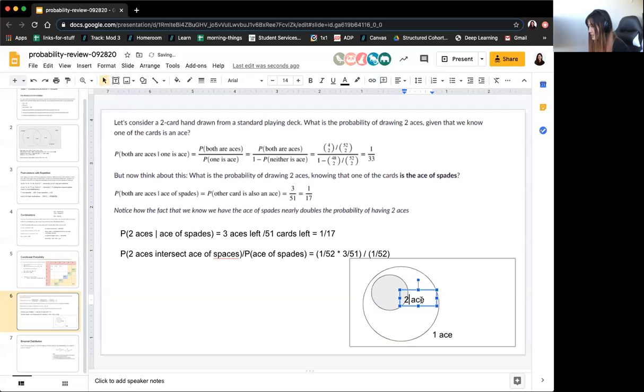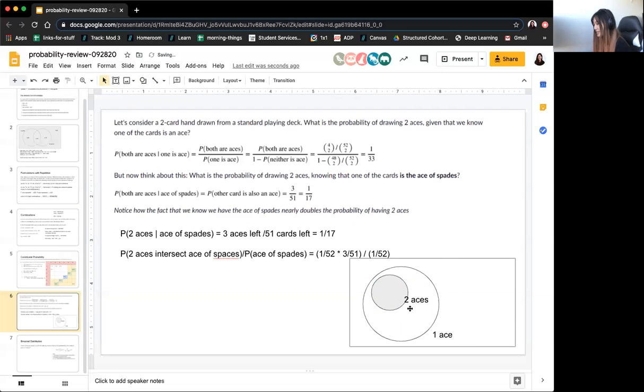That makes sense? So now the conditional probability that we're trying to find is this small bubble out of this bigger bubble. So this bigger bubble is going to be our denominator, and this smaller bubble will be our numerator.